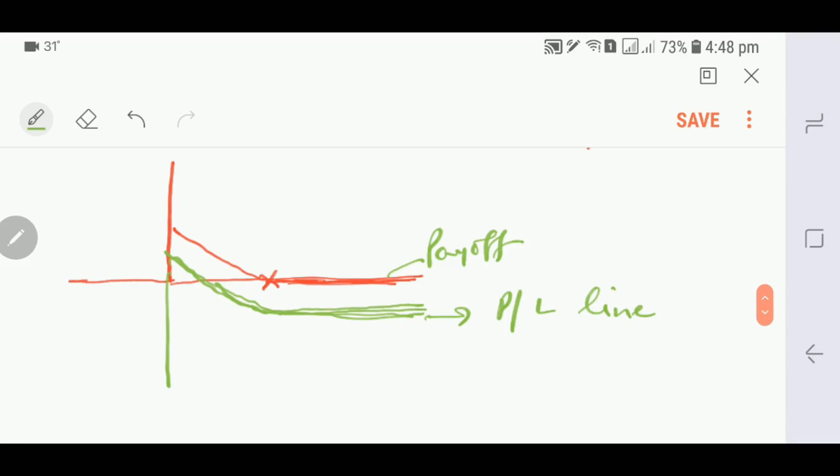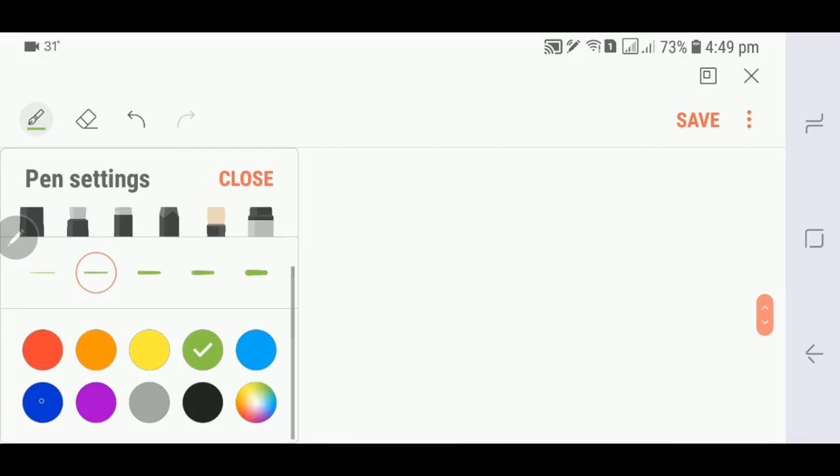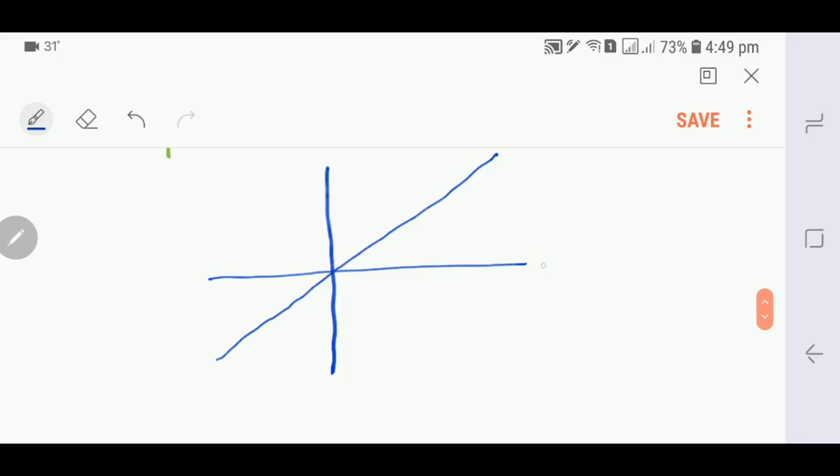Now, if we superimpose this profit and loss line on our cereal manufacturer's risk profile, let us see what will happen. Let me change color one more time, and let's come back to the risk profile. If this is your risk profile, where this is your change in prices and this is your change in revenue, and you deploy a put option to safeguard yourself against the falling prices, what's going to happen?